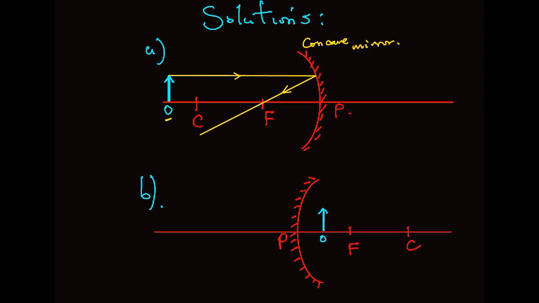we will also use a ray that is passing through C. A ray through C is reflected in such a way that it follows the same path after reflection.